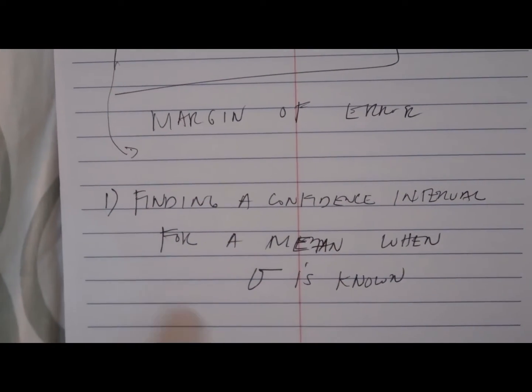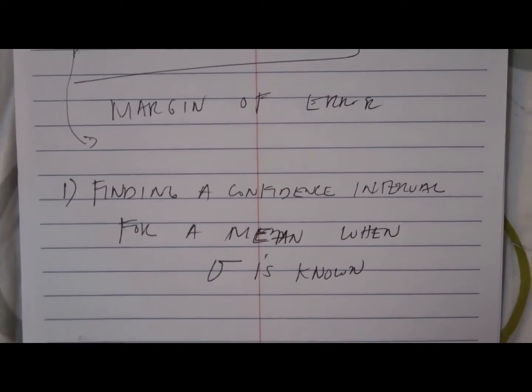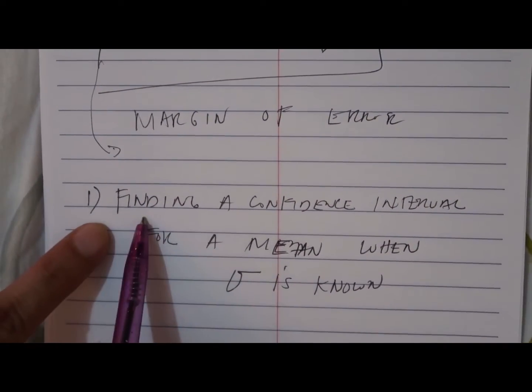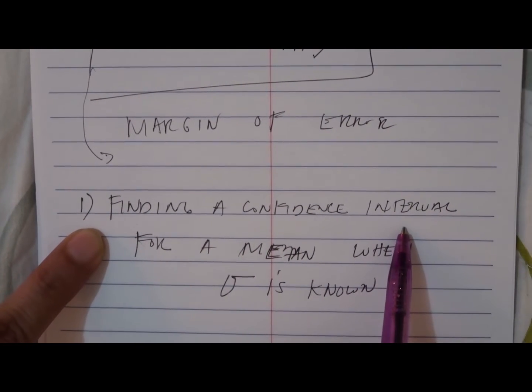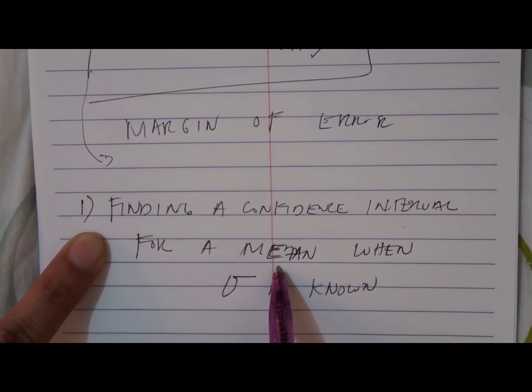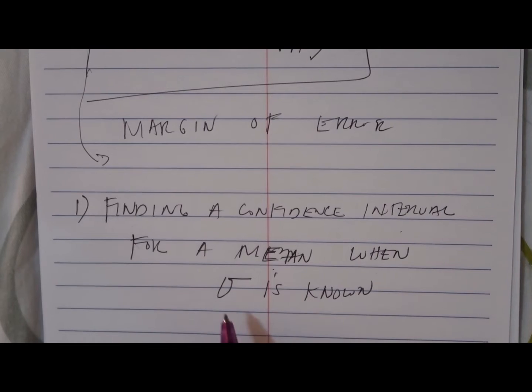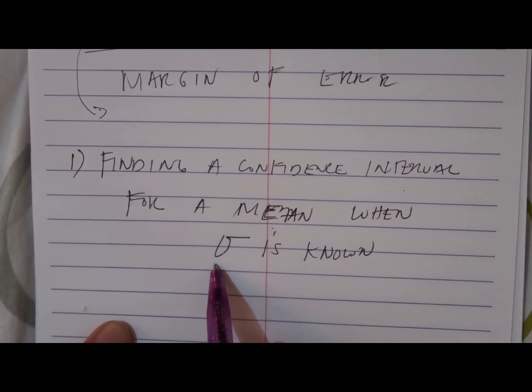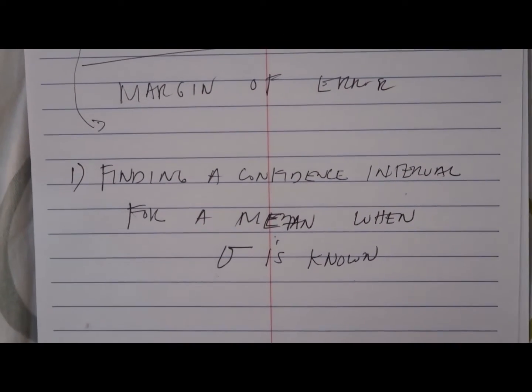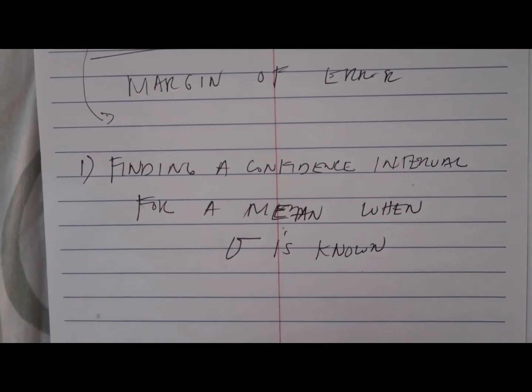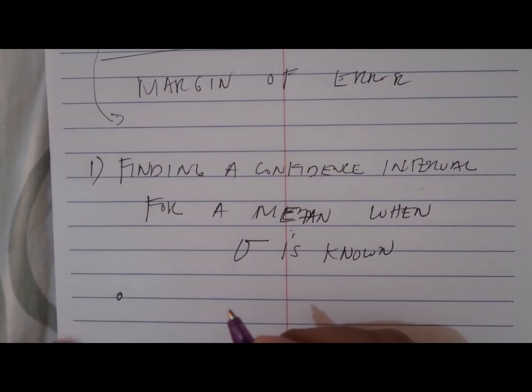Finding a confidence interval for a mean when sigma, the standard deviation of the population, is known, meaning it's given. Okay? So first and foremost, we need to come up with 2 points.